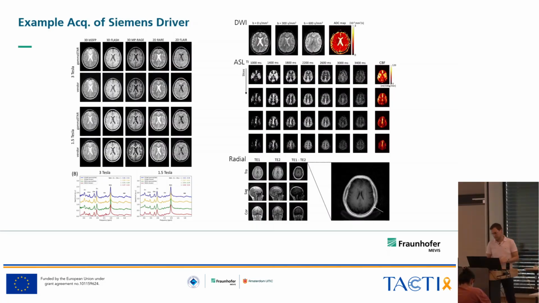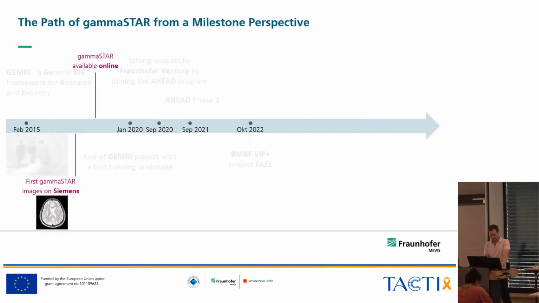So if you not think about MR imaging, but voxel-based MR spectroscopy, where you then get these spectra about a specific voxel that you've read out.